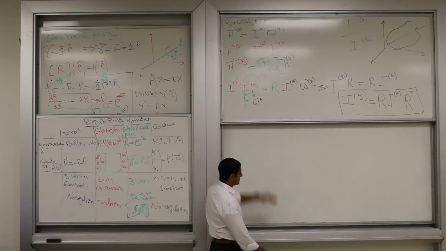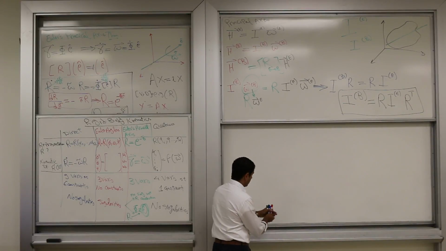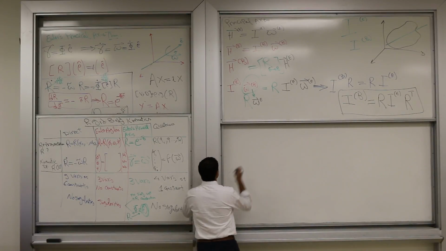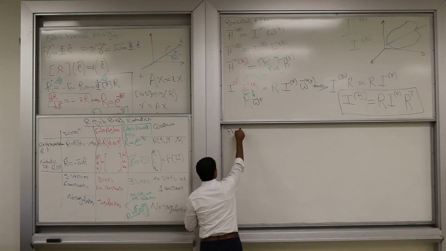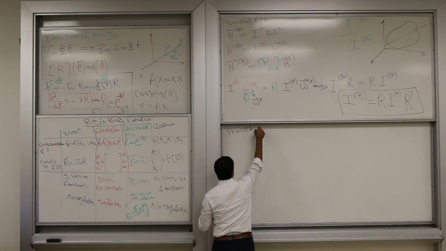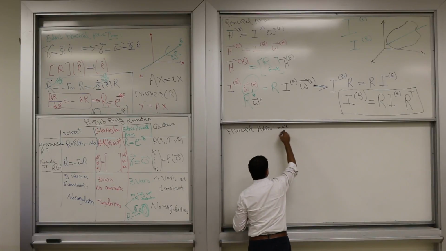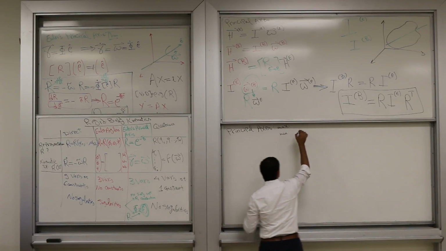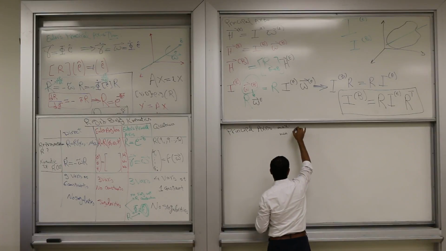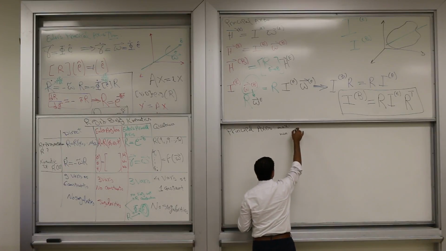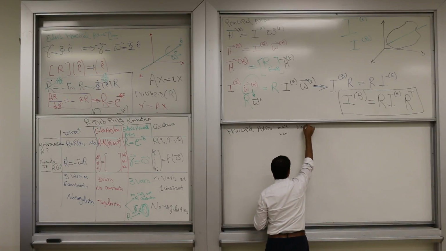So here is simply the case. The principal axes, axes of maximum and minimum inertia. And actually, they also correspond to no products of inertia.